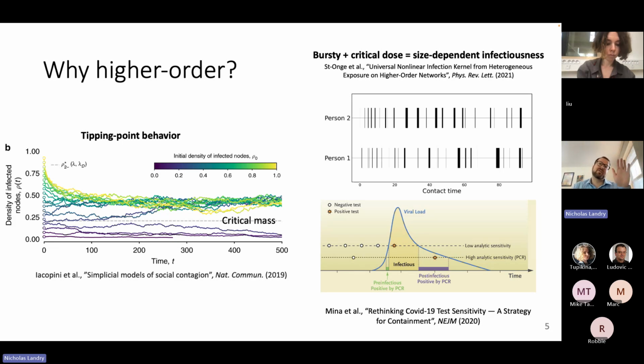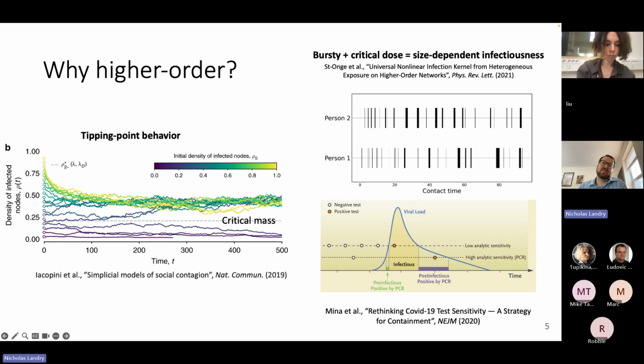First is more from the social behavior side. It's been empirically observed in systems that you can see tipping point behavior, where if you have a critical mass of people, as illustrated in this figure here, you'll get an epidemic, which is all these lighter colored lines here. But if I'm below that critical mass, the epidemic will die out.